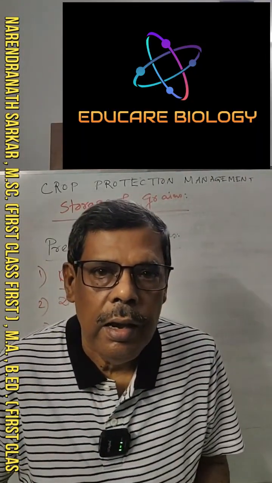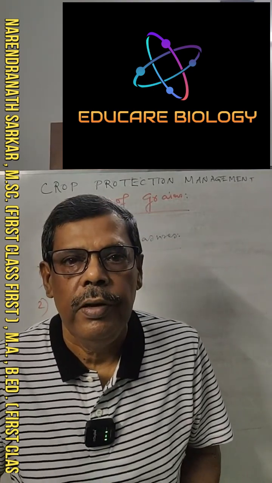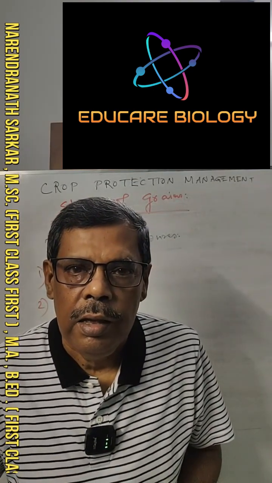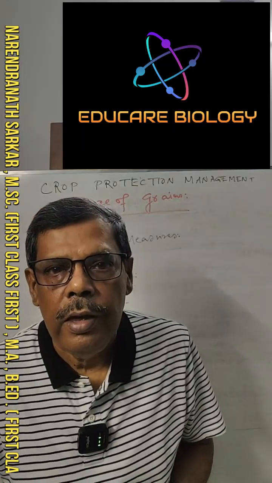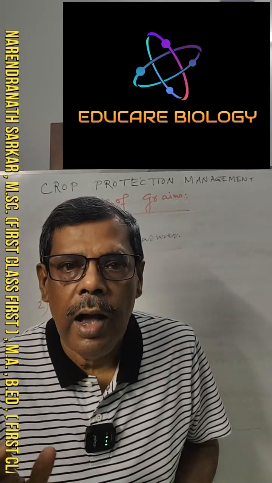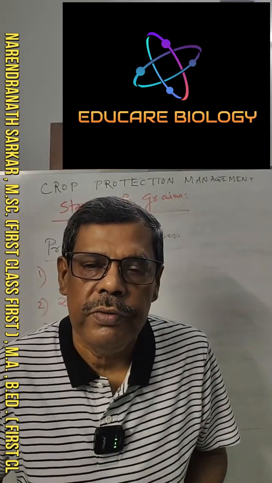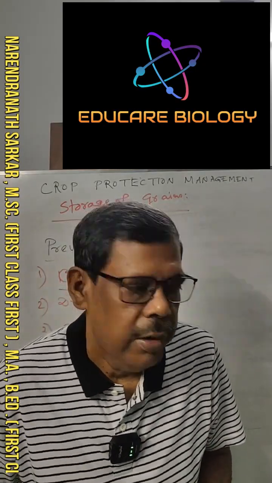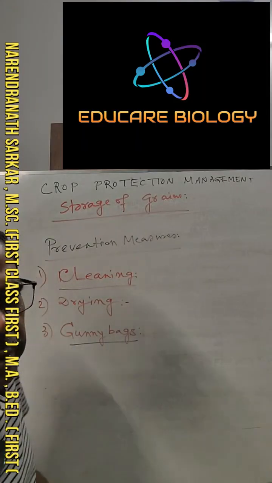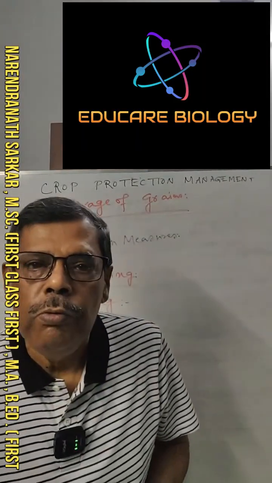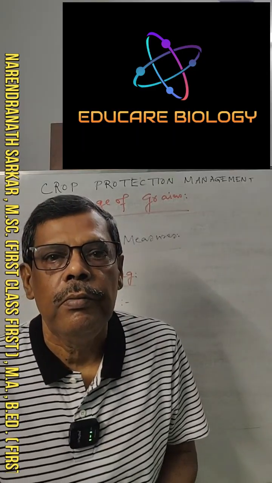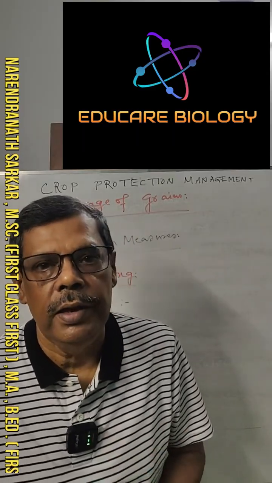Drying of food grains is also very, very necessary, because if moisture remains with the grain, fungus infestation takes place. Next, gunny bags. Gunny bags should be new and disease free. This is the control measure.